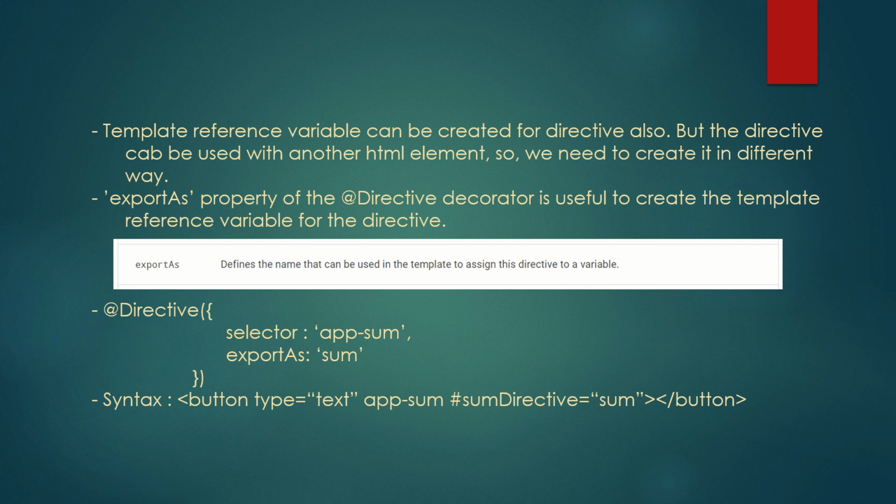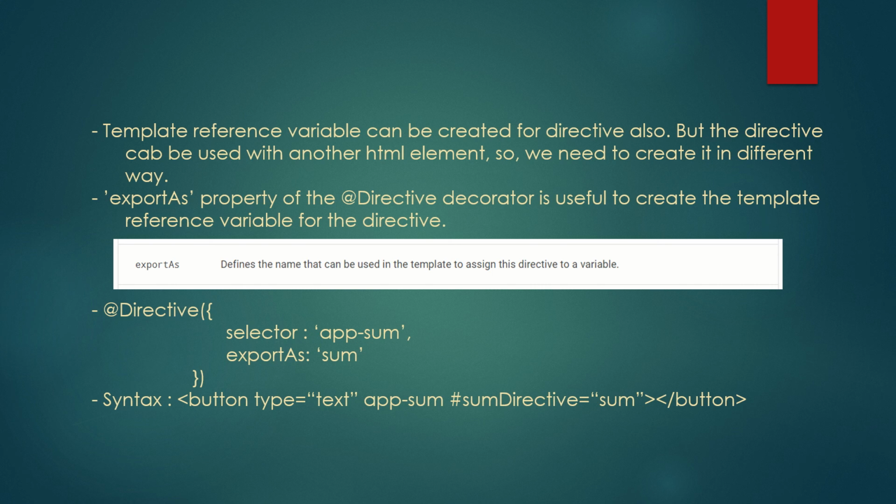Generally, the Directive decorator is used to add metadata to the directive by using the properties of the Directive decorator. Here we have exportAs, one of those properties, where we define the name. That name can be used to create the template reference variable for the directive.